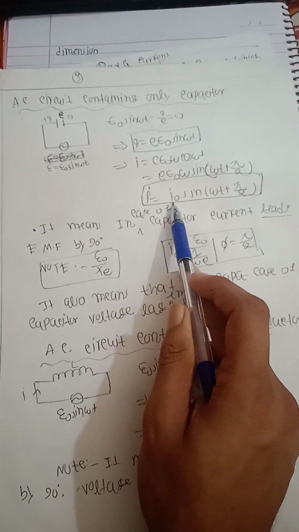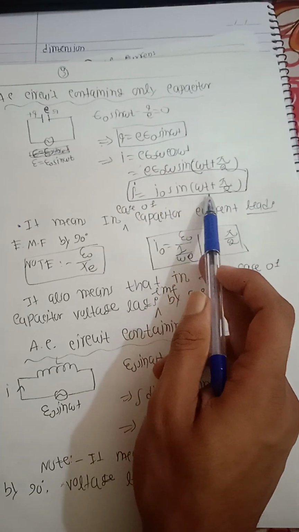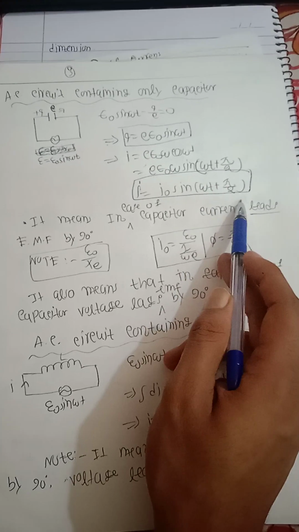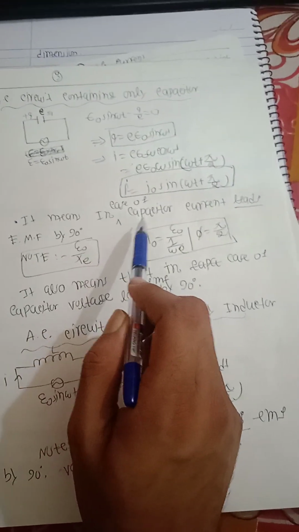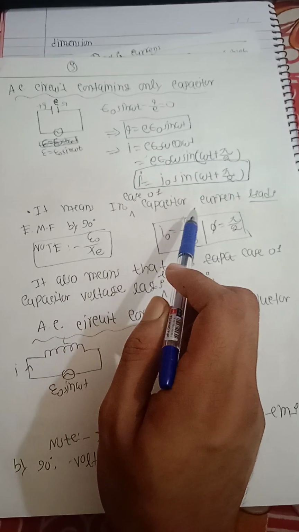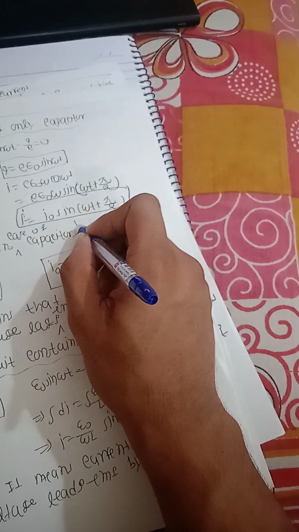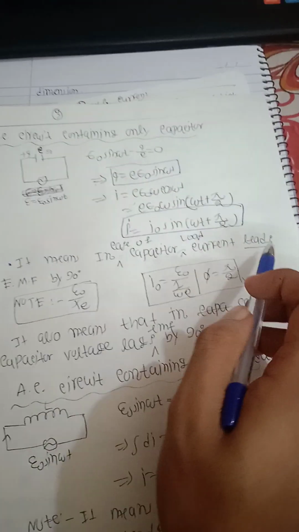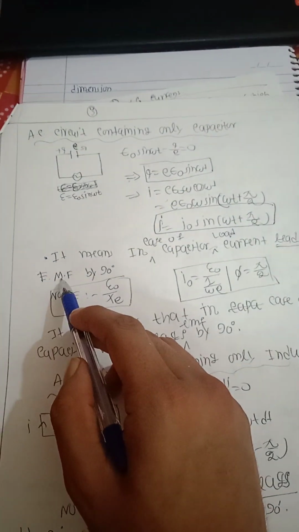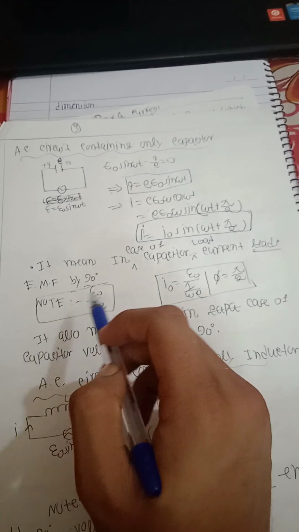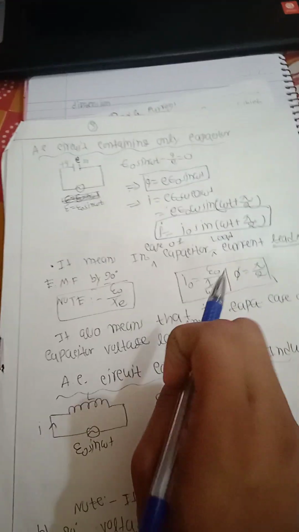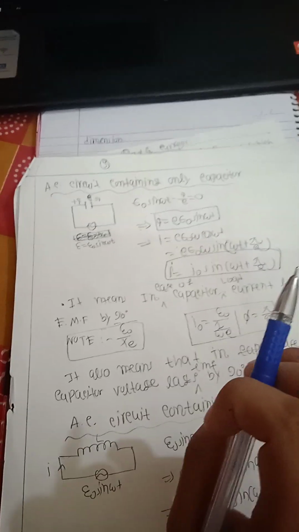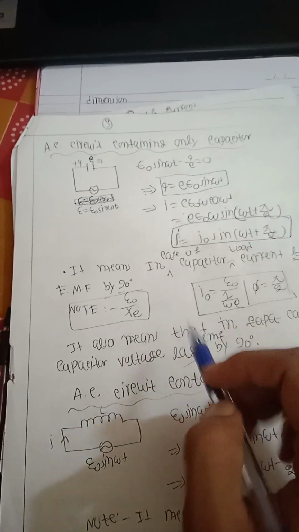When you see I equals I naught sine of omega t plus pi by 2, it means that in case of a capacitor load, the current leads EMF by 90 degrees. You should remember this.